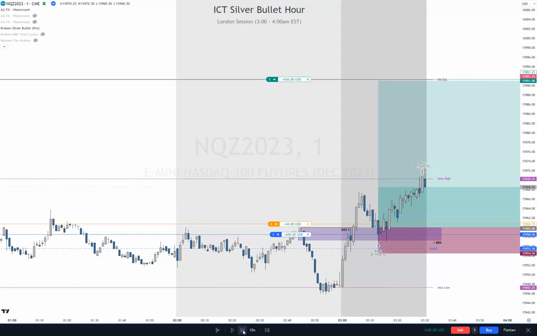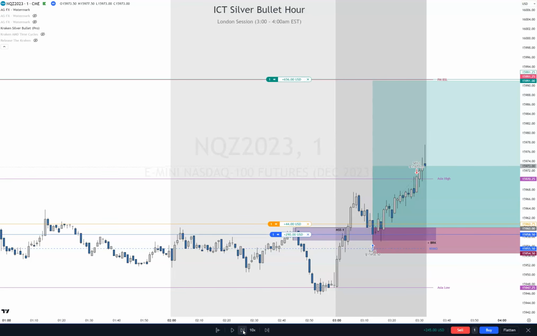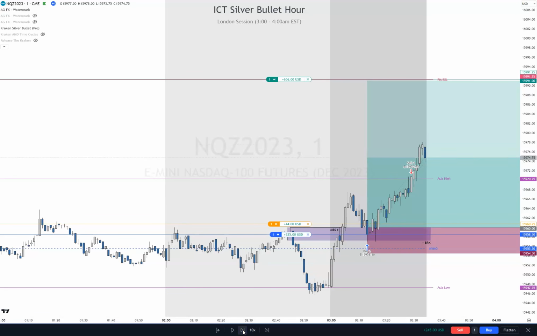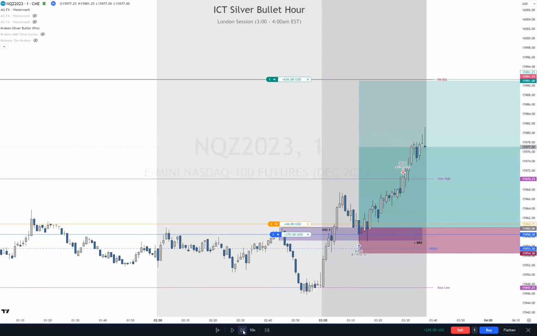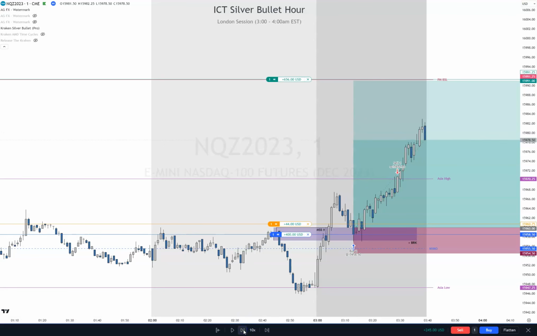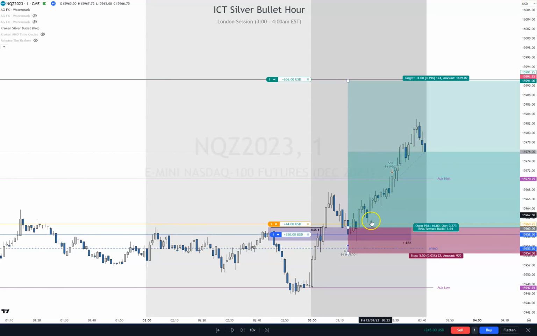Okay, if it pulls back, so we have a pullback here, right? And you have another pullback here. If it comes down beyond this, then I won't raise my stop. But if this swing low holds, I'll go up to the Asia high.